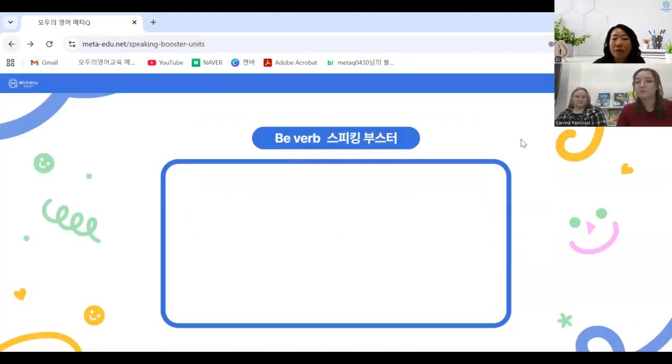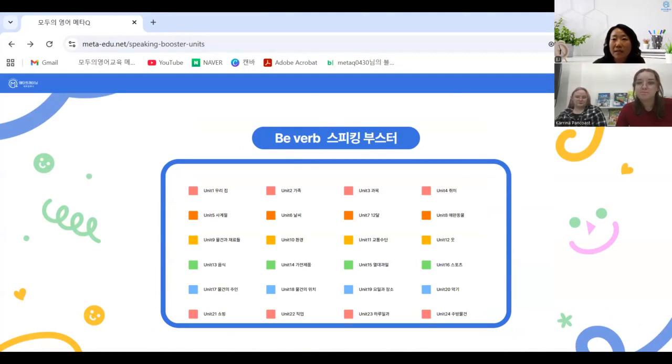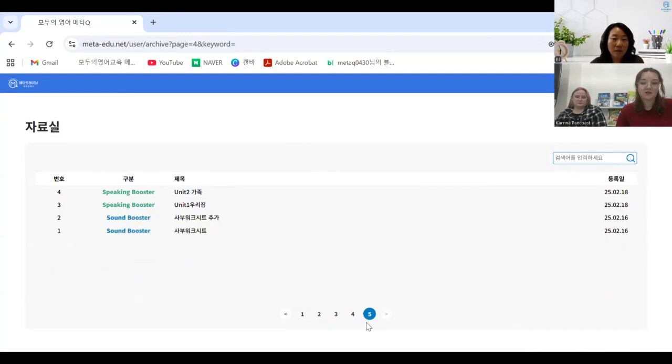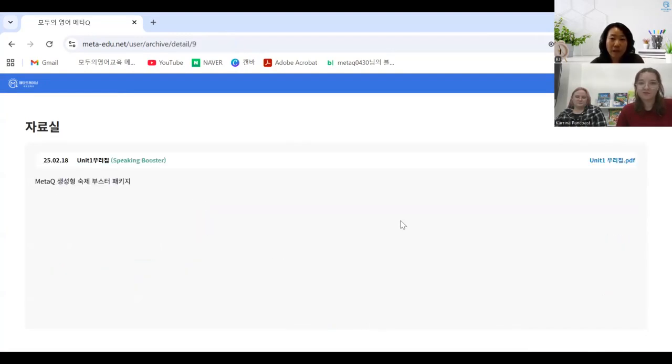Okay. Can you see here on the right side upper user item? If you click this one, and then I'm going down here, 자료실, like you say. If you open this one, we have a speaking booster. And each unit, there are each unit. I'm going to open unit one and then download.